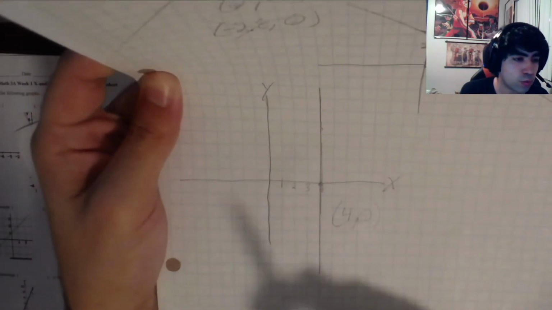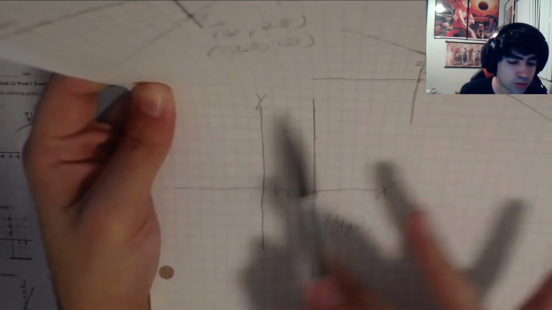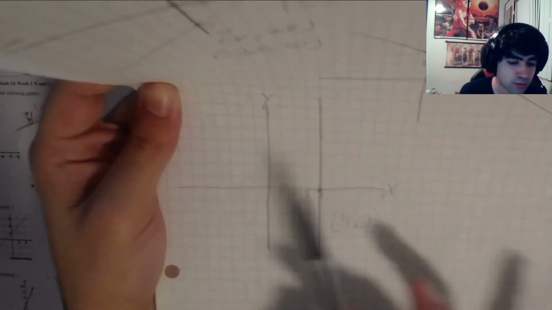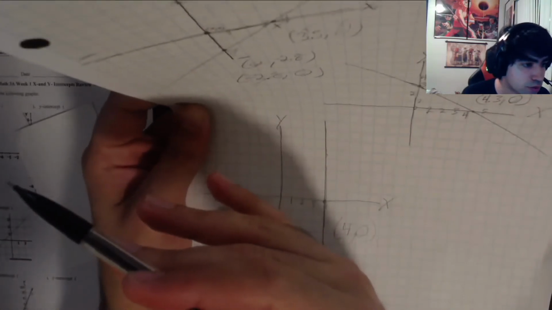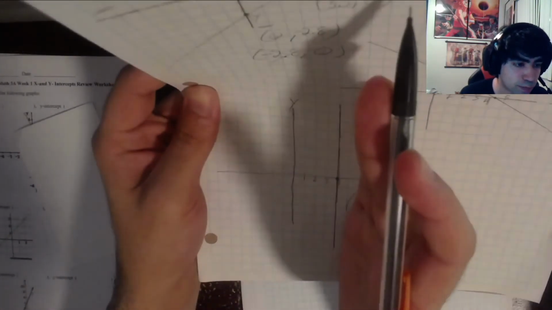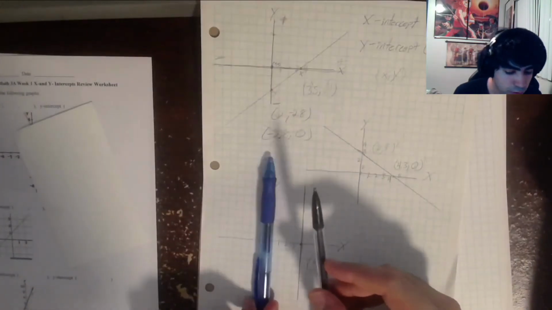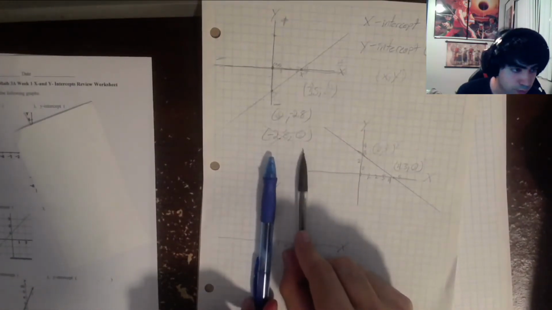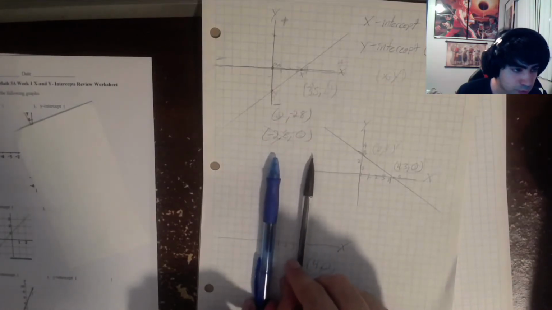Now, what is our y-intercept? Well, does this line ever cross this y-axis? No. For a y-intercept, it has to cross the y-axis. Since this line is going straight up, imagine you have this blue pen as your y-axis, and this pencil is the line. It never crosses.